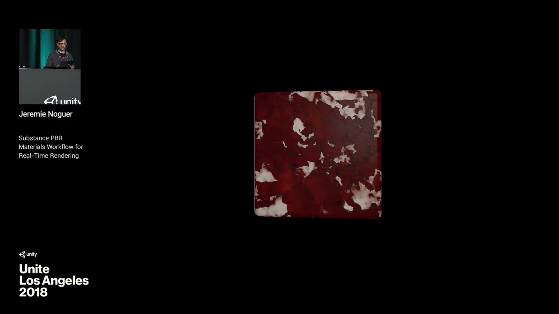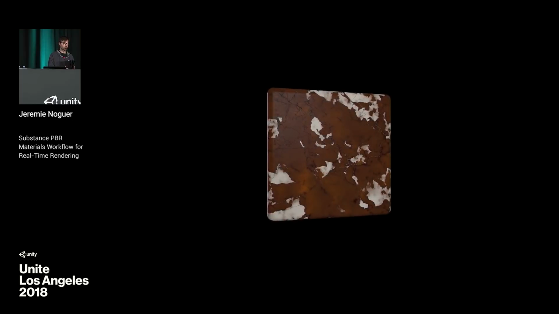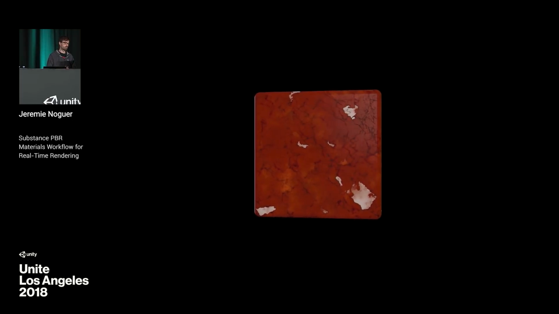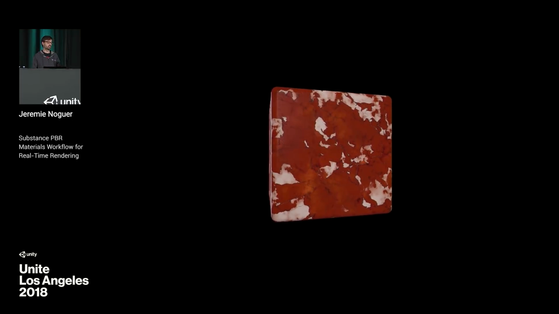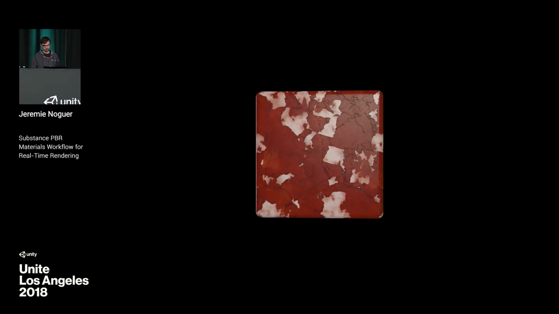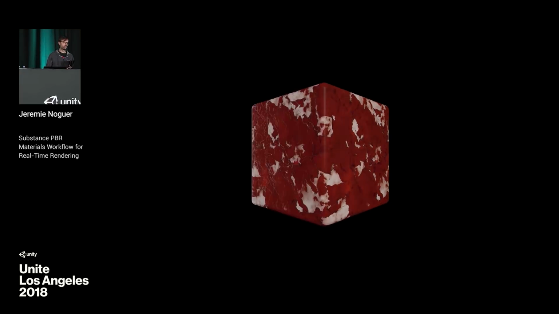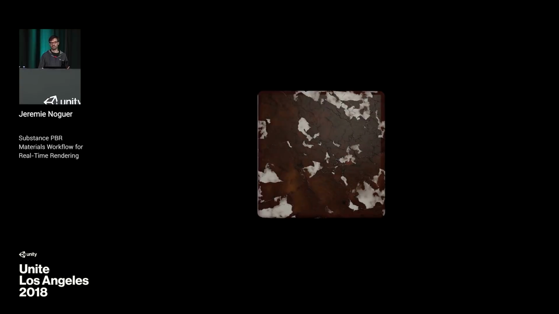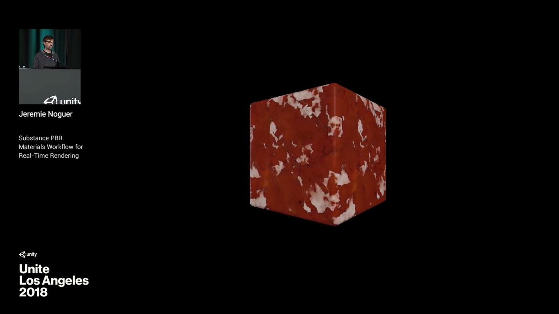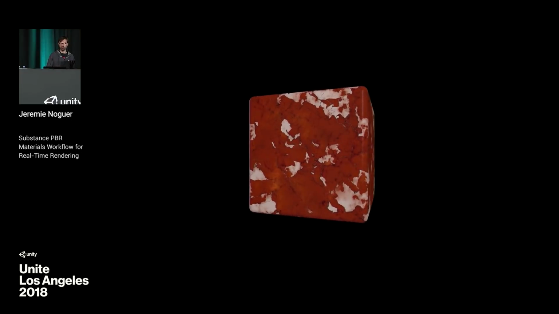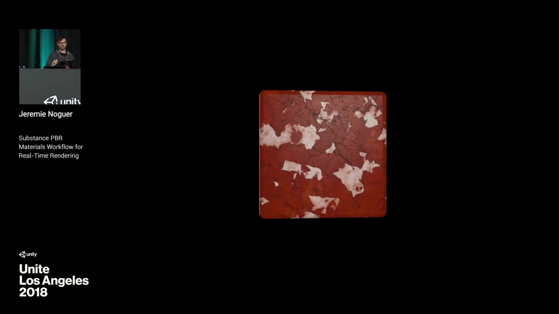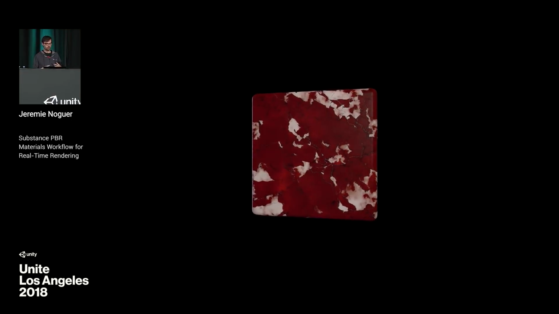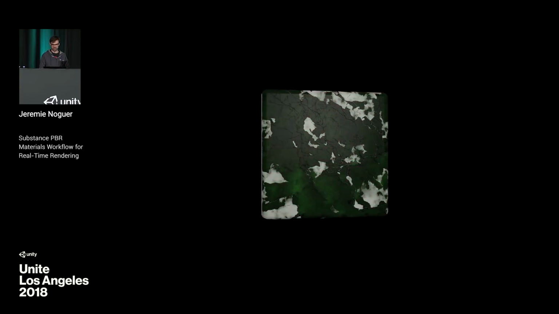So instead of, let's say you scan a piece of fabric or leather, you get something that's very static and very hard to modify. When you build a Substance, you end up with a material that can be modified pretty much endlessly, and you can create tons and tons of variations of that material without having to go back into an authoring tool. You basically can play around with sliders with a very simple user interface to modify the look of these materials.